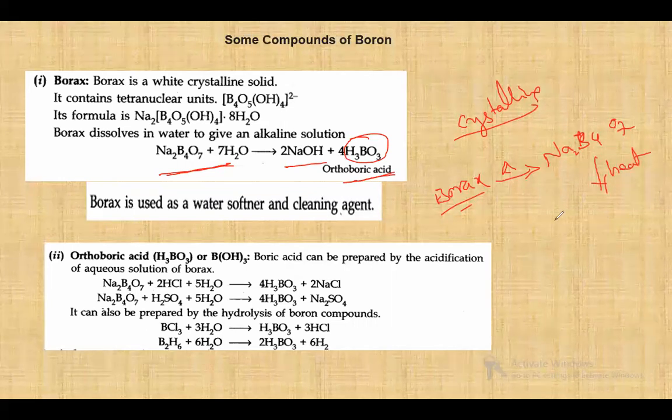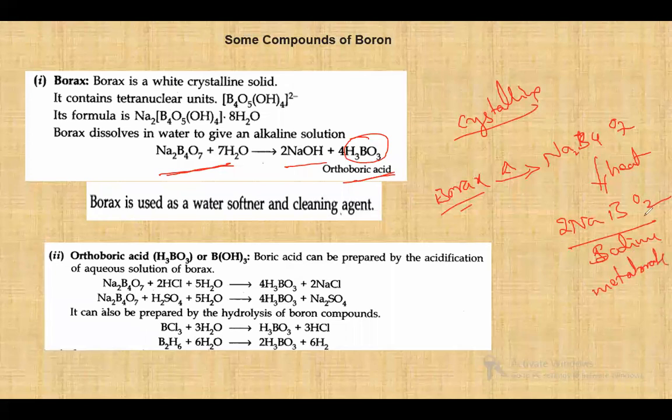On further heating, it gives NaBO2, which is called sodium metaborate, along with the formation of B2O3. B2O3 is called boric anhydride.